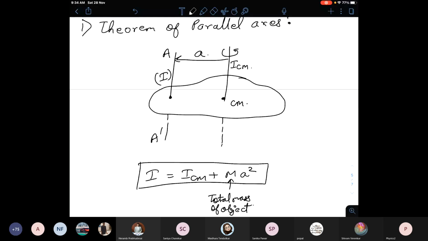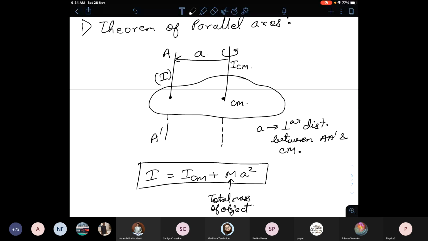It is not a part of the mass, it is not an elemental mass, it is not dm. It is the total mass of the object. And what is a? You have to be careful. A is the perpendicular distance between a dash and the center of mass axis.